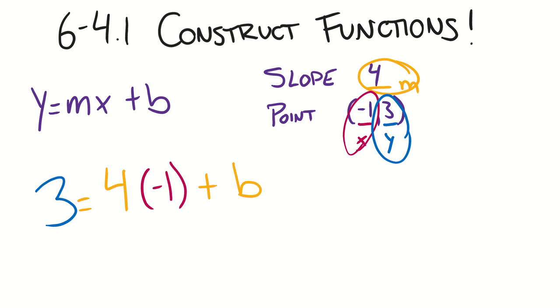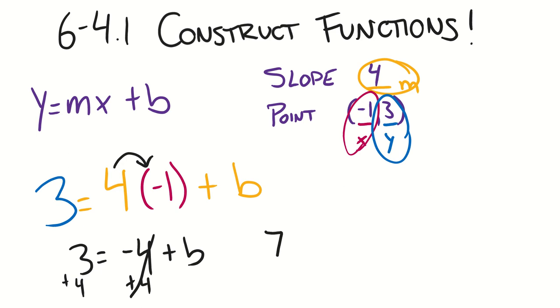It tells me all this information here. And then I can simplify this equation to solve for what I'm missing. So let's start simplifying. 4 times -1 is -4. So I have 3 equals -4 plus b. I can add 4 to both sides. I get 7 equals b. That right there is my b value.